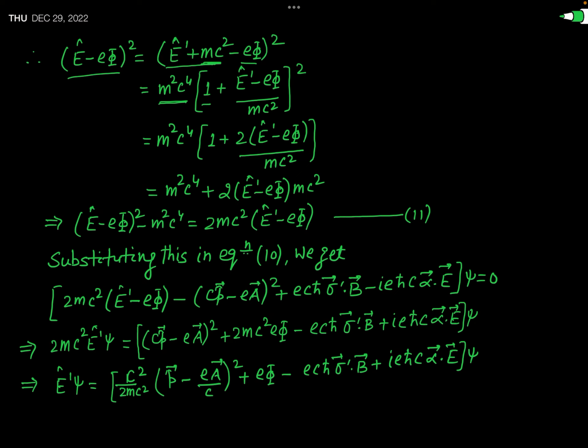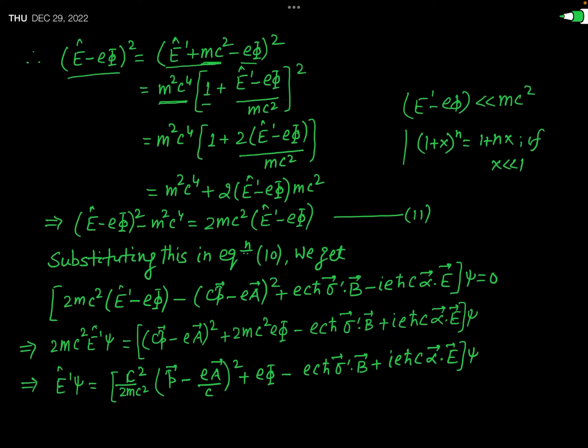Now, since you know that this E dashed minus E phi will actually be much smaller than mc square in a non-relativistic limit, we will make the binomial expansion to the first approximation. 1 plus x to the power n is almost equal to 1 plus nx, but only when this x is much smaller than 1.